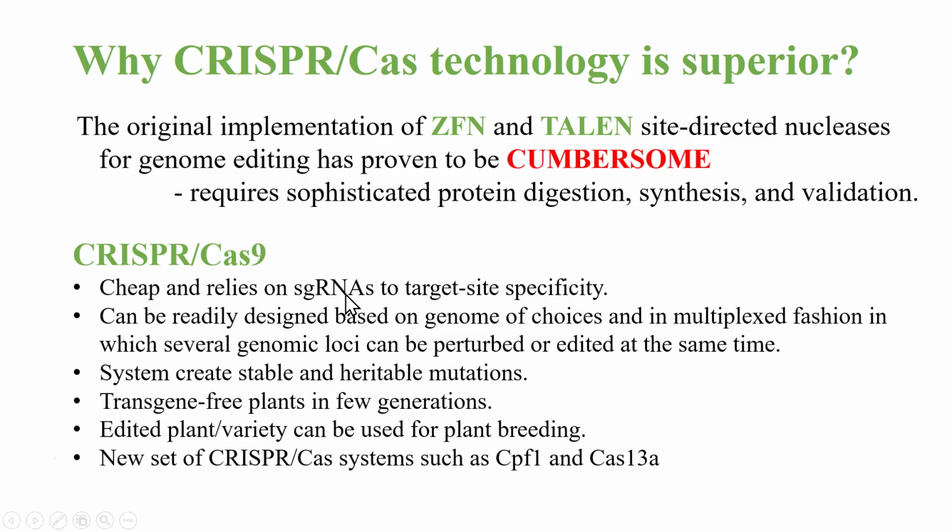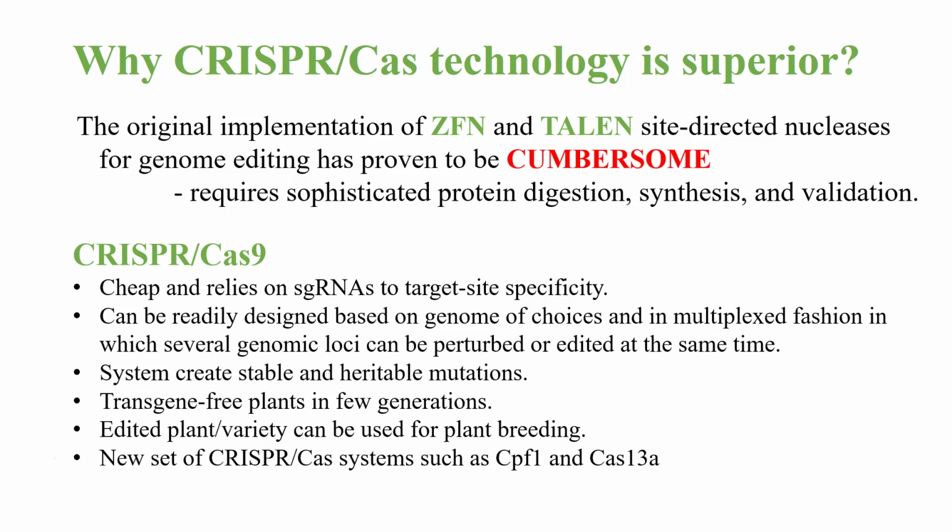CRISPR relies on single guide RNA for target site specificity, which can be readily designed based on the genome of choice and in multiplex fashion, in which several genomic loci can be perturbed or edited at the same time. This is a very fascinating thing.